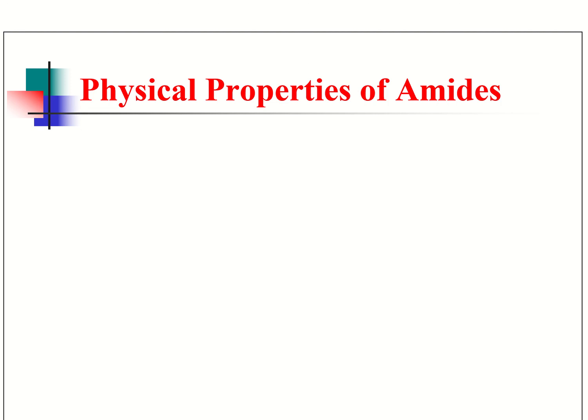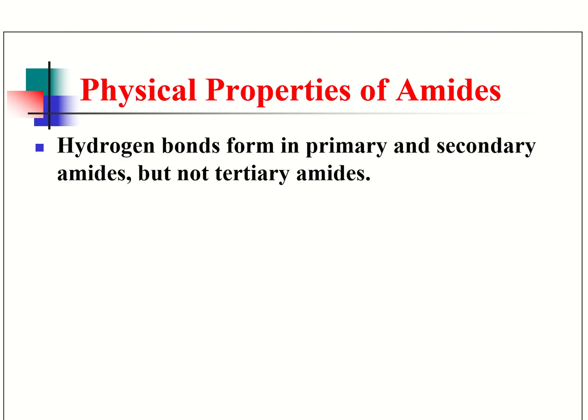So we're going to look at the physical properties of the amides now. They do form hydrogen bonds with primary and secondaries, not with tertiaries. If you think about primary and secondaries, we have our C=O, and then in our primary we have NH2.